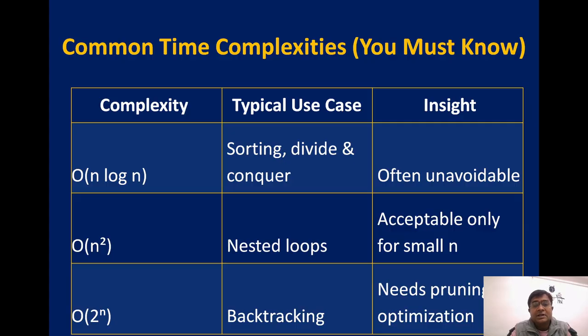That is the typical use case in nested loops. It is acceptable only for a small input size n. Then O of 2 raised to the power n, which is basically backtracking, and it needs pruning or optimization.